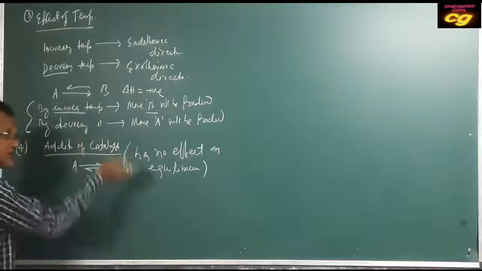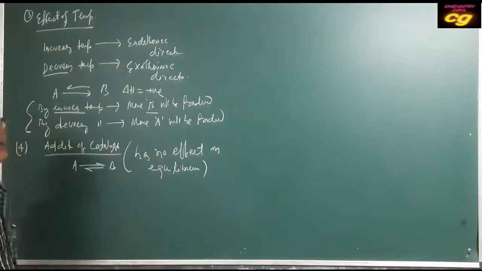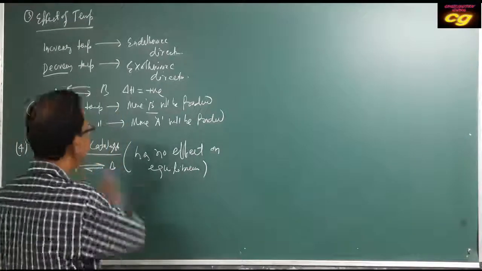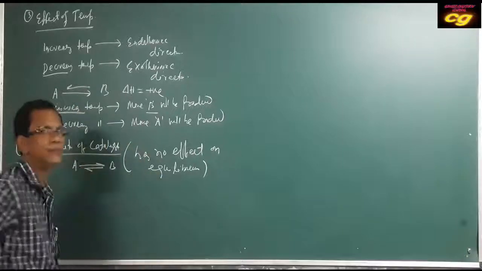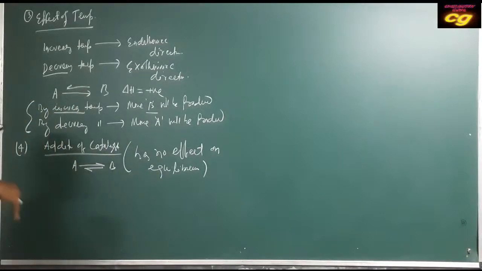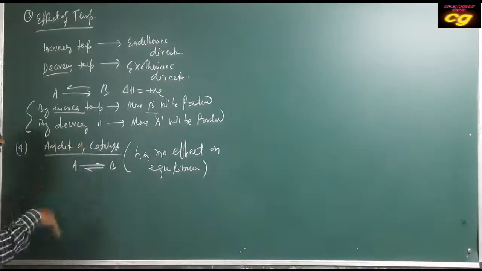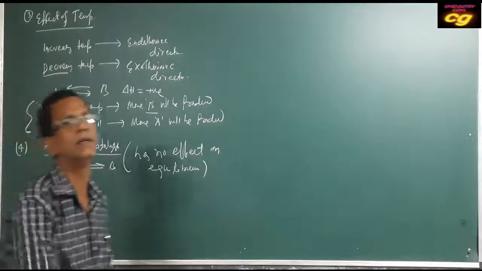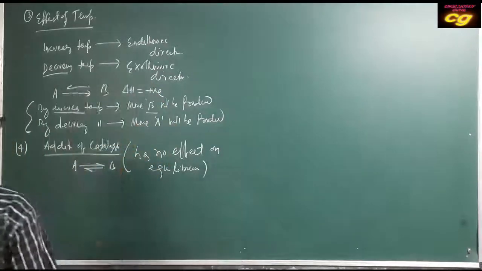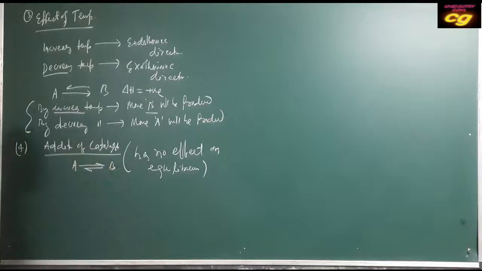That's why there is no change in the equilibrium. It cannot move towards the forward direction or the backward direction, because both directions increase simultaneously. That's why there is no change in the equilibrium by addition of a catalyst.